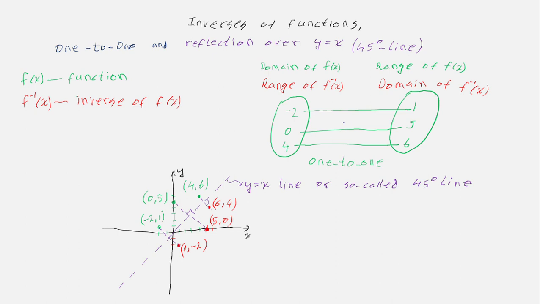If both the function and its inverse are functions, then we have a so-called one-to-one function, right? And the second point is that inverses reflect over y equals x, or so-called 45-degree line. So if two functions are inverses of each other, they're going to reflect graphically over this 45-degree line, or y equals x line.